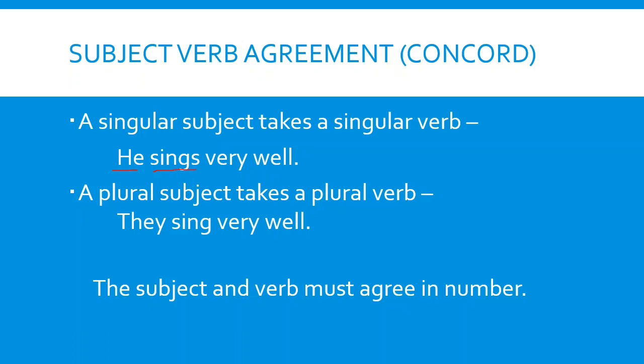He sings, but they sing, without s in simple present tense. So basically, Concord is this simple rule. The subject and verb must agree in number. A singular subject takes a singular verb. A plural subject takes a plural verb. I hope this simple rule is clear.